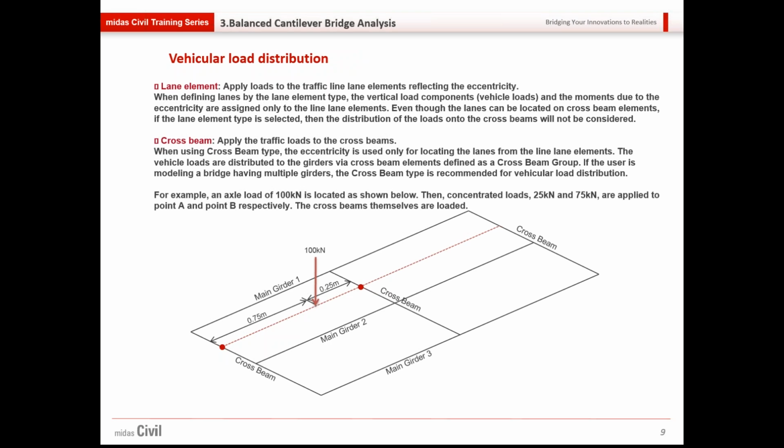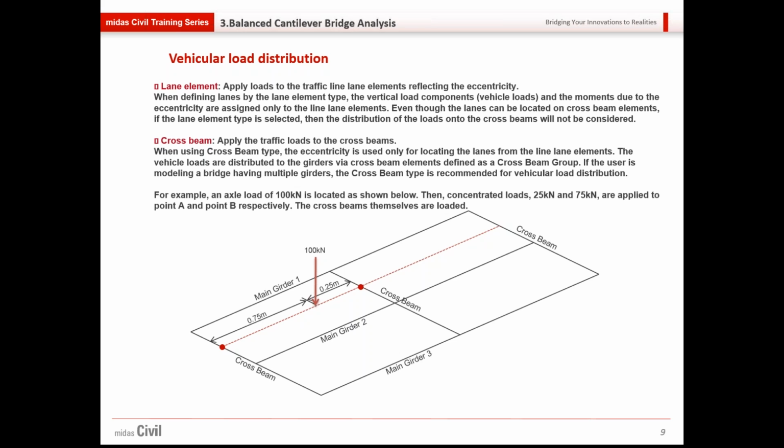Say vertical load of 100 ton is placed at an eccentricity of 2 meter, then for the line element, 100 ton will directly be applied at that point, and a moment of 100 into 2, that is 200 ton meter, would also be applied at the same point. So this is how this distribution will happen if a lane element option is selected.